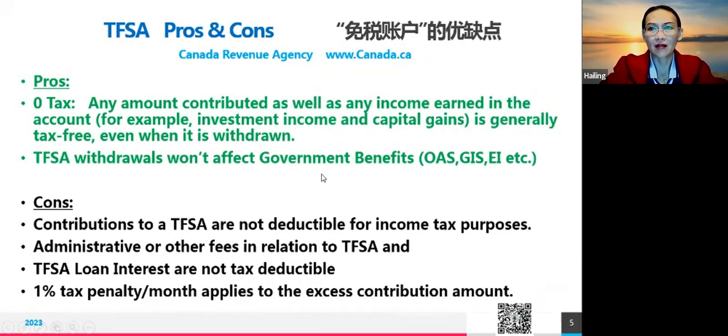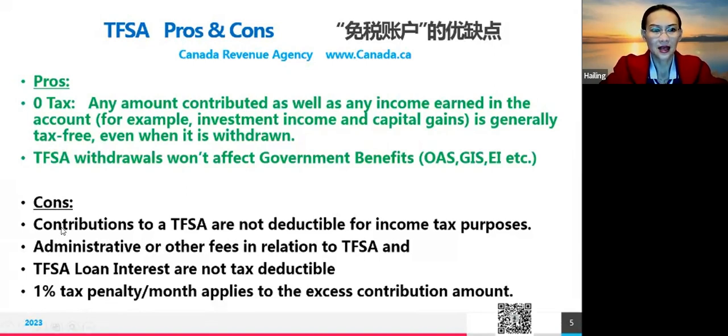Withdrawals wouldn't affect government benefits. If you receive OAS, GIS after retirement, or receive unemployment insurance, you can take out the money to supplement your monthly expenses, but it will not affect the government benefits.